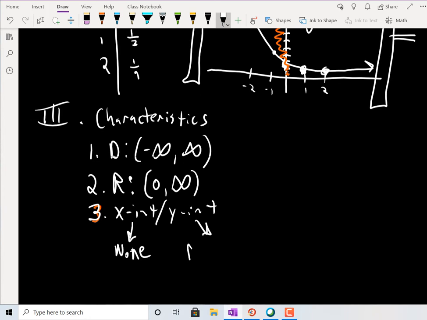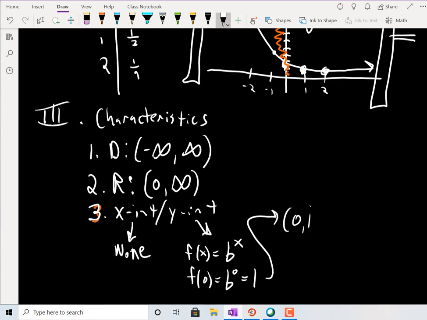If your exponential function is b to some power x, and you plug in 0 for x, our rule for raising something to the 0 power turns it into 1. So our y-intercept is going to be (0, 1).